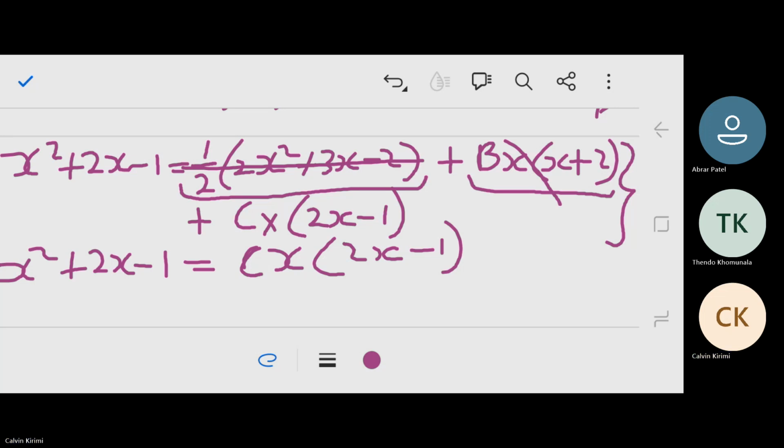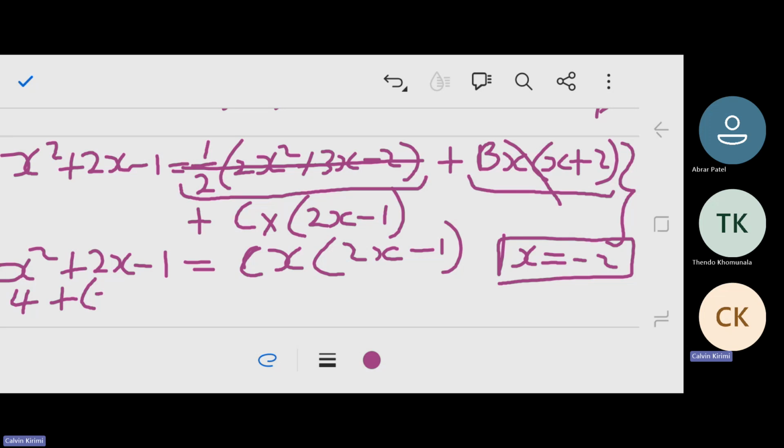So whenever there is x, we are putting negative 2. Negative 2 squared is 4, plus 2 bracket negative 2, which gives us negative 4. So 2 times negative 2 is negative 4, minus 1 is equals to C times negative 2.